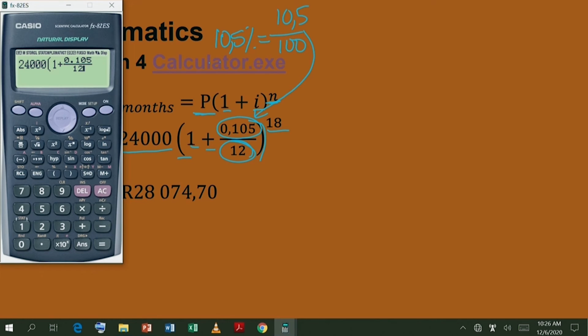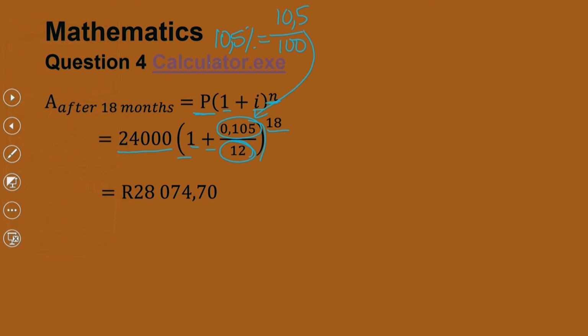You can press the right arrow. Make sure you close the bracket and then press the exponent button to the power of 18. Once we have that, we press the equal sign. Can you see that gives you 28,074.70. So we can proceed.